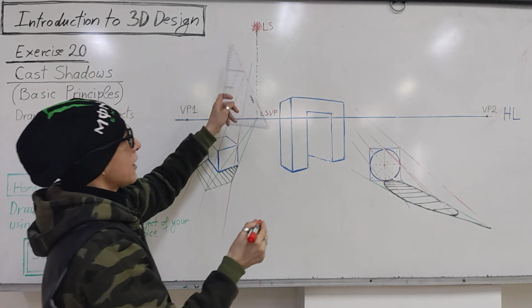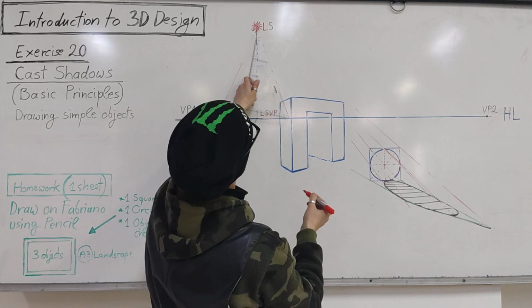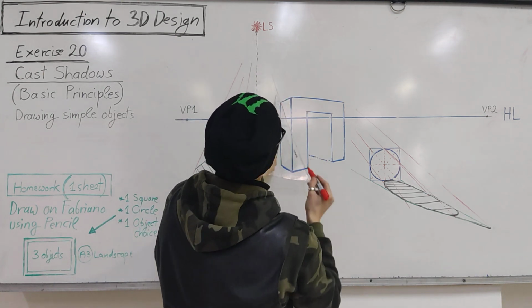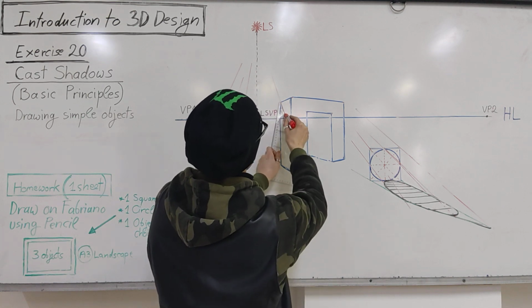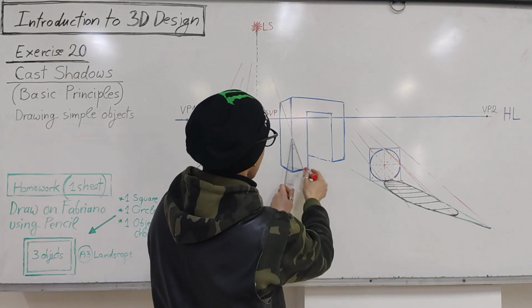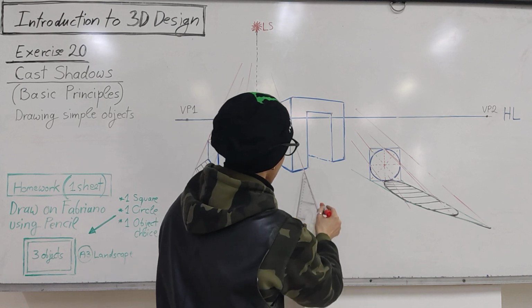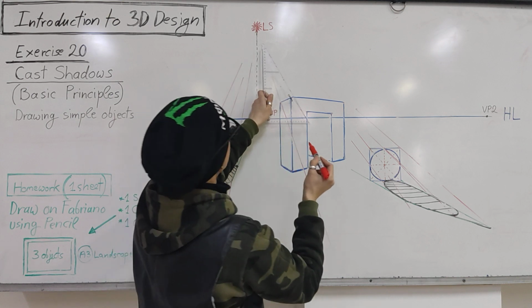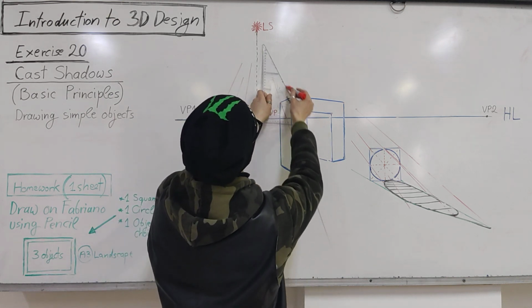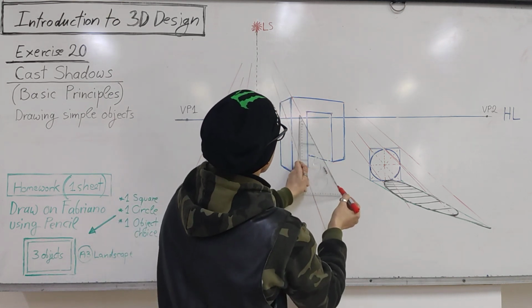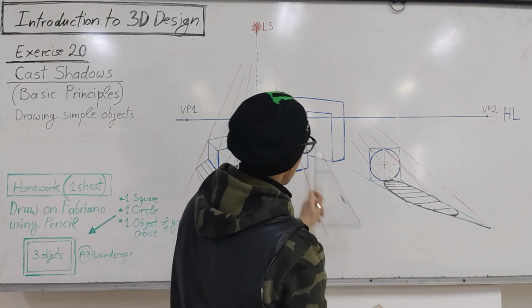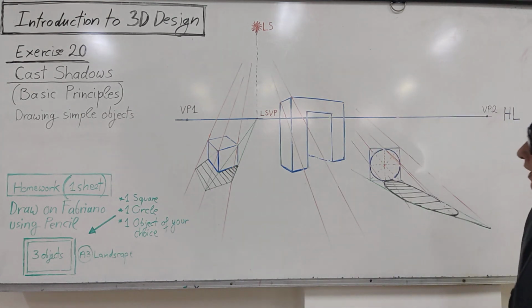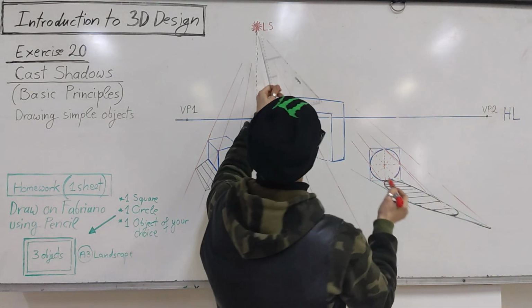Now again, we will take from the light source and we will draw straight lines. Okay, we don't know how long they will be. Now this point, and this point as well.